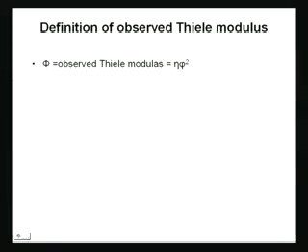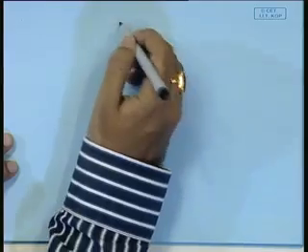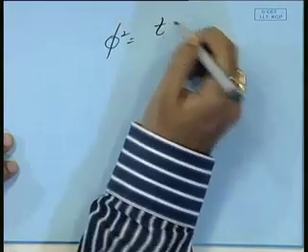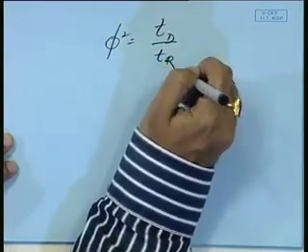Essentially, the Thiele modulus should be diffusion time over reaction time. So, phi squared equals Td over Tr.